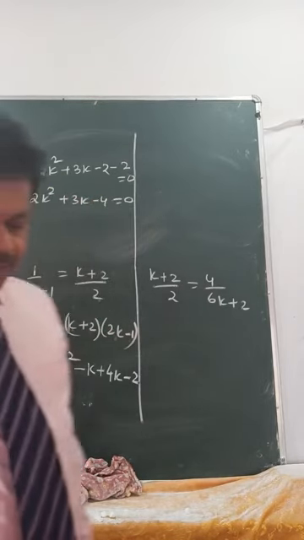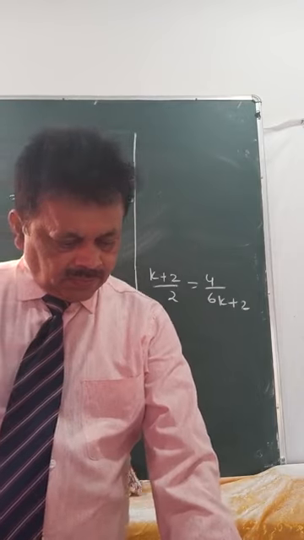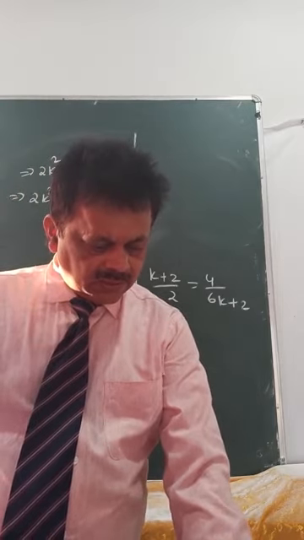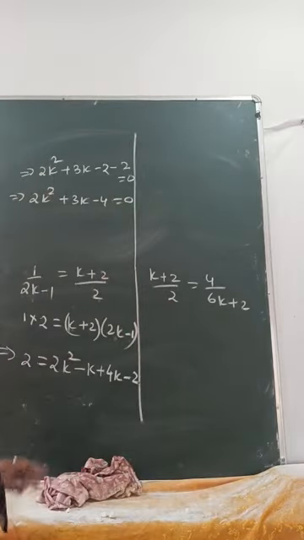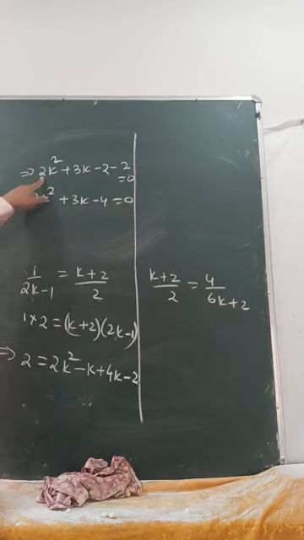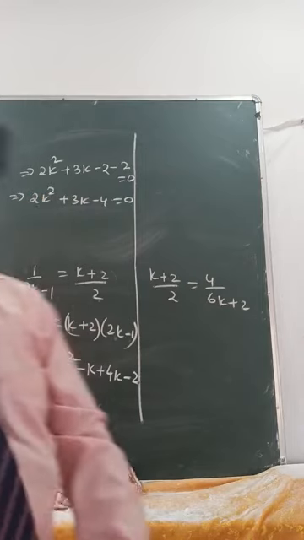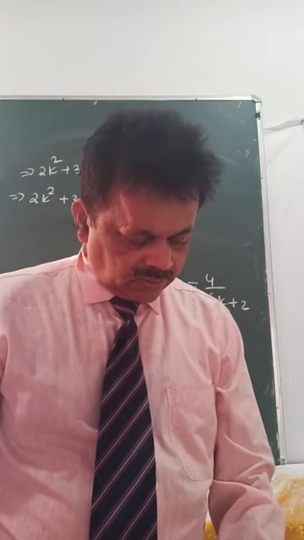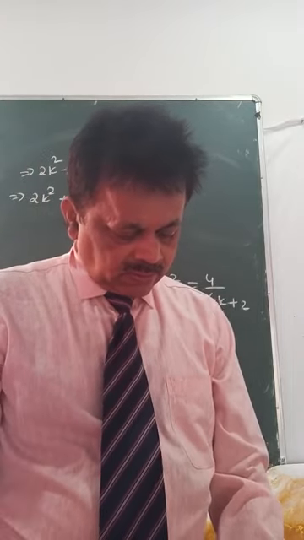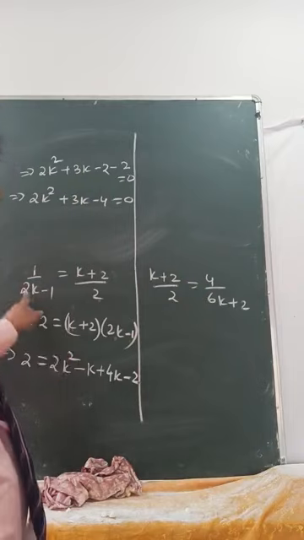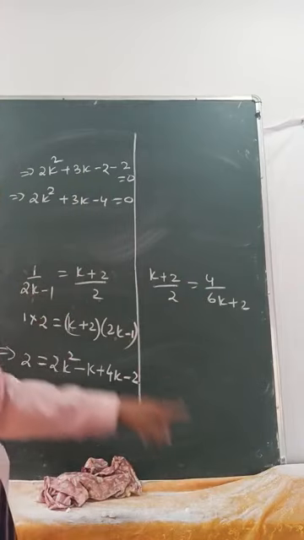Let's check the question again. k + 2, 2k - 1, 6k + 2. First one was k + 2.